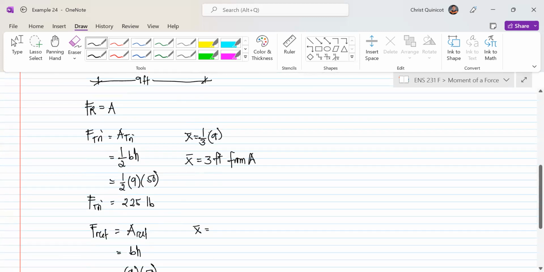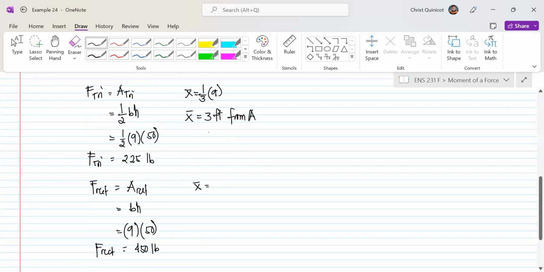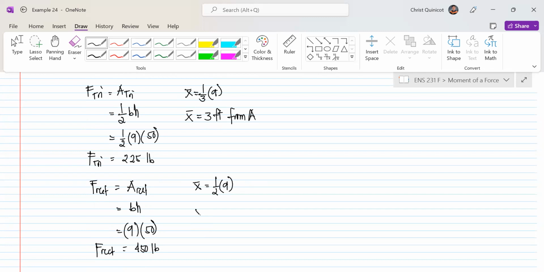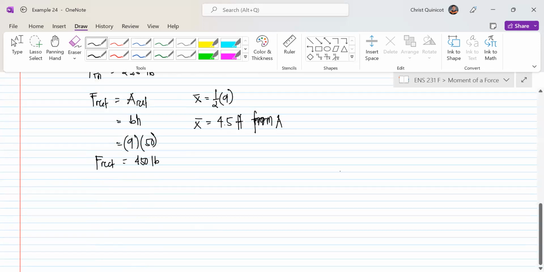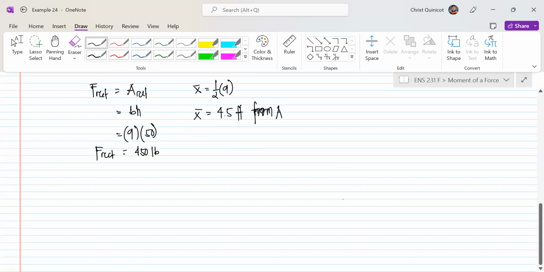So the location is 1/2 times the entire length of 9, so x bar is equal to 4.5 feet, measured from A or B.